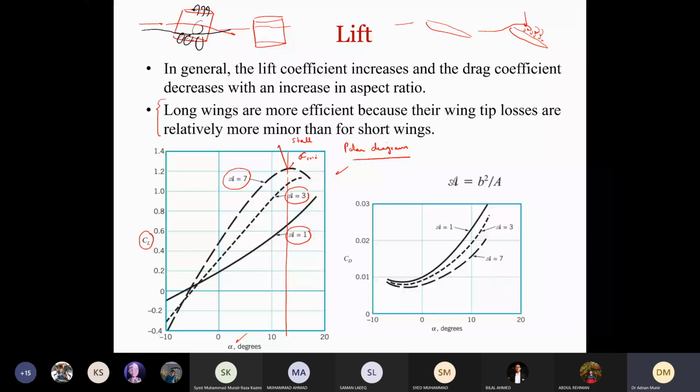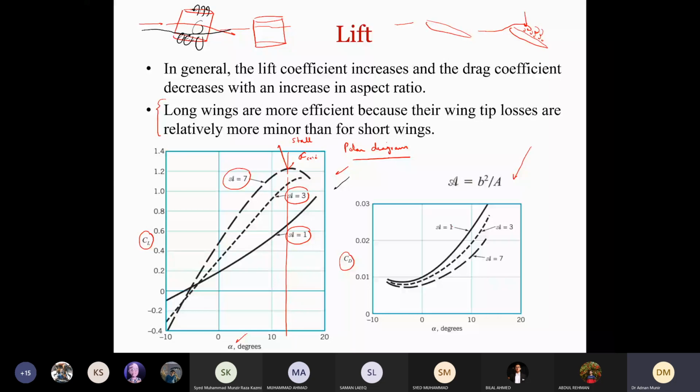Now this is showing you the variation of lift force, lift coefficient with alpha. Now this is another form of polar diagram in which we have CD on y-axis and alpha on x-axis, right? Now you can clearly see the drag force behaves opposite to the lift force.